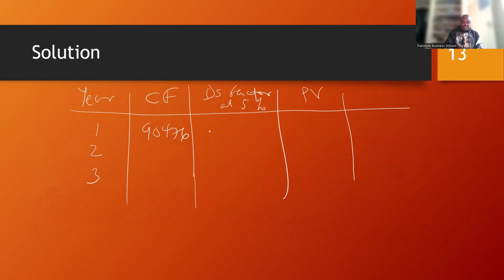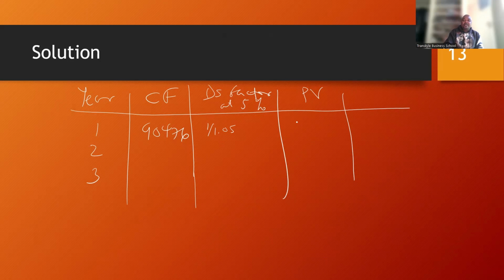So the discount factor for year 1 is 1 over 1 plus R. Our R is 5%, so that's 1.05 to the power 1, which comes to 1.05. So that's 90,476 multiplied by 1 over 1.05.